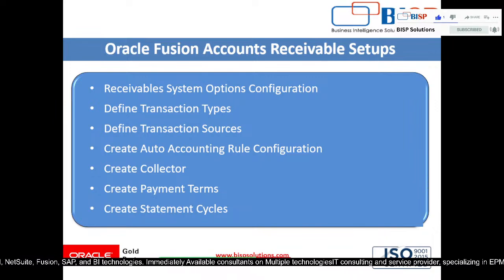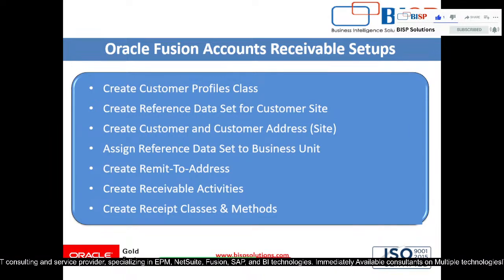We have to configure the receivable system options. We have to define the transaction types and the transaction source. The transaction source is already defined by Oracle, so we have used these sources. We have to create the auto accounting rule configuration. The collector, payment term and payment cycle we have already created, along with the customer profile class, the reference data set and the customer address.